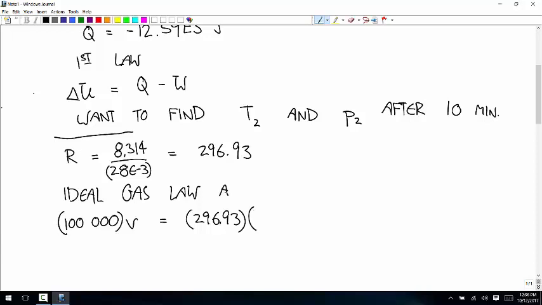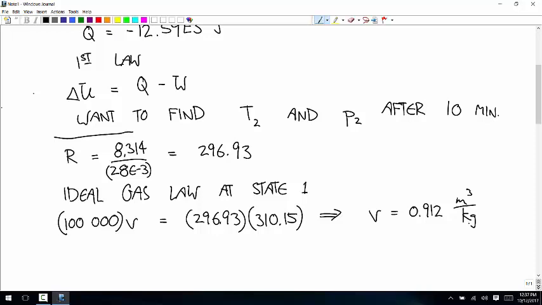So this is at state 1. The temperature is 310.15 because it gave it to us as 27 degrees Celsius. And you can use that to calculate the specific volume. So the specific volume is 0.912 meters cubed per kilogram.